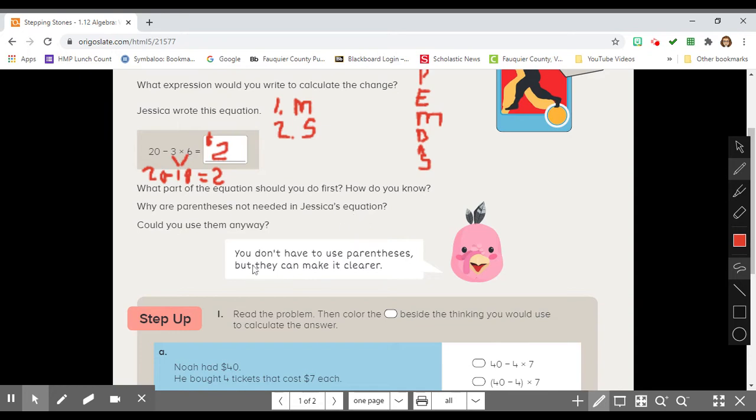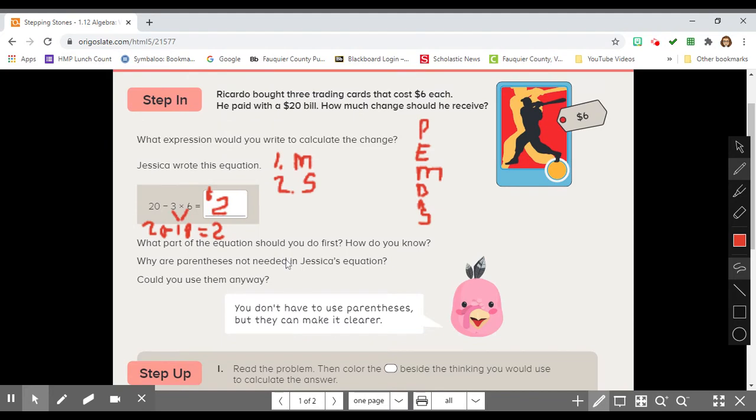Okay. No, you don't have to use parentheses, but they do make it clearer. So if we were to put parentheses in this, we would put parentheses right here to show that we needed to do this first, because we can't put parentheses around 20 minus 3, because that's not what the problem's asking us to do.